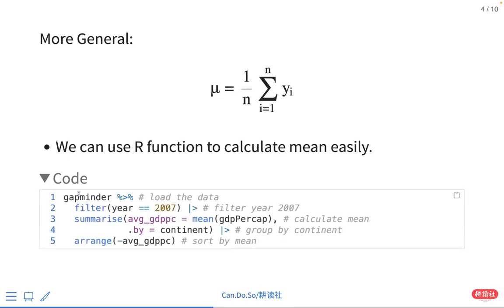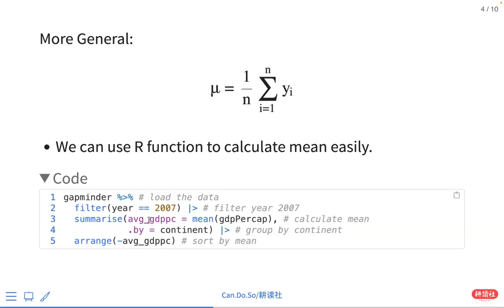Here gapminder is the data, and we have used a filter, because we just need 2007, and summarized this. All of this we have covered. If you don't feel comfortable with these functions, you can go to the previous course, watch it and practice it.